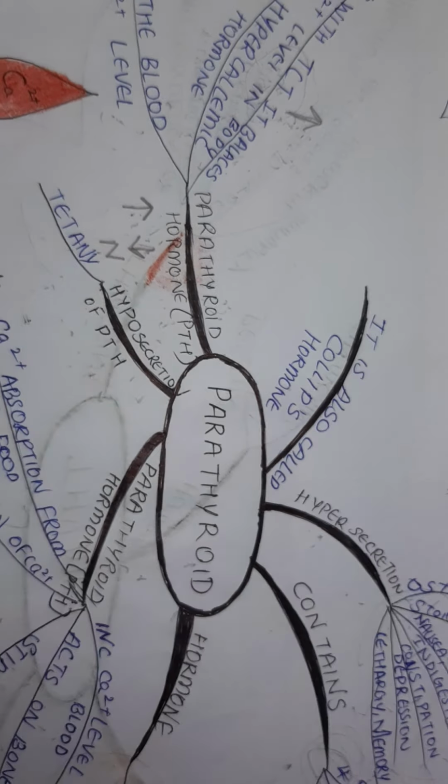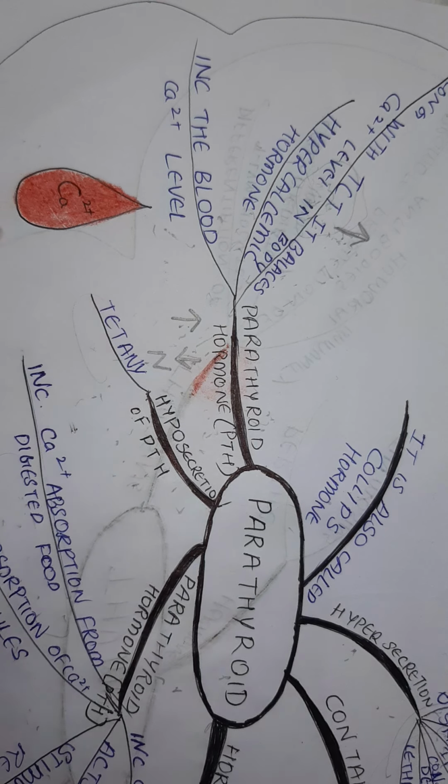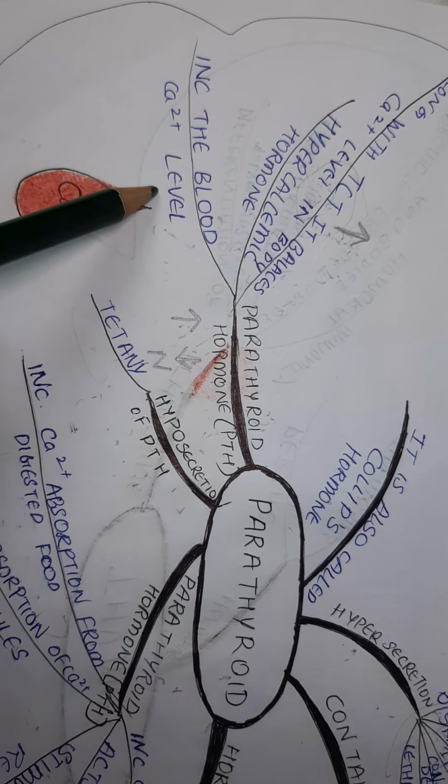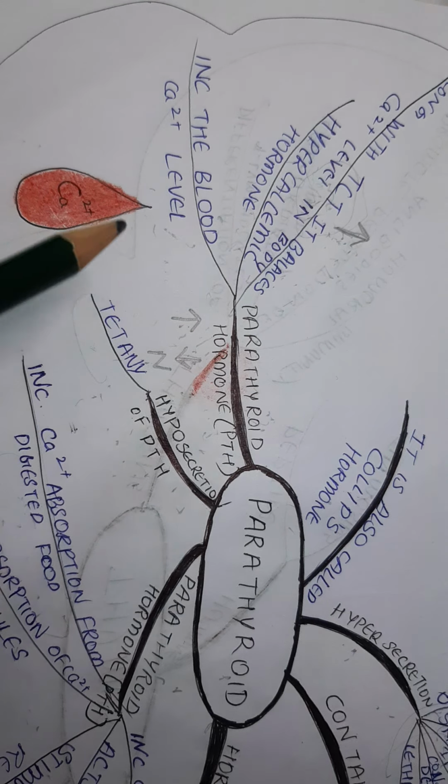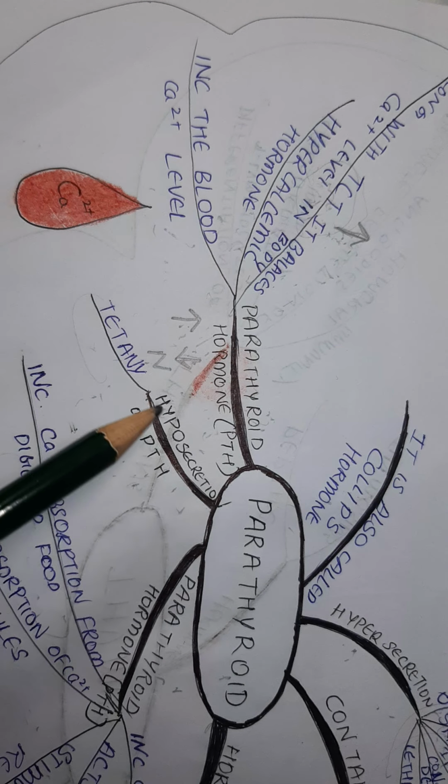Parathyroid hormone along with TCT, thyrocalcitonin, from the thyroid gland, together balance calcium. They are antagonistic in nature, which means if one is increasing, the other will control it. So they have opposite functions. PTH increases the level of calcium in the body, TCT decreases it. So thereby they control the calcium levels in our body.